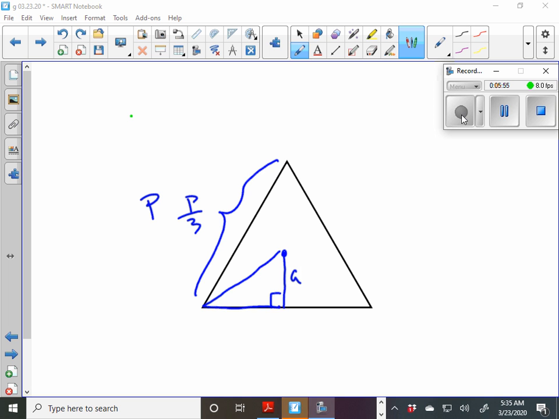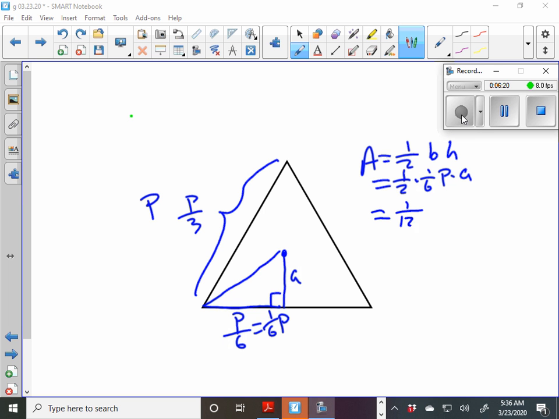This side here is going to be P divided by 6, or 1/6 P. The area of the triangle we know is 1/2 base times height, which is 1/2 times the base, 1/6 P, times the height, which is the apothem, or I get 1/12 times P times the apothem. Now, notice that I have, in this case, how many of these triangles?